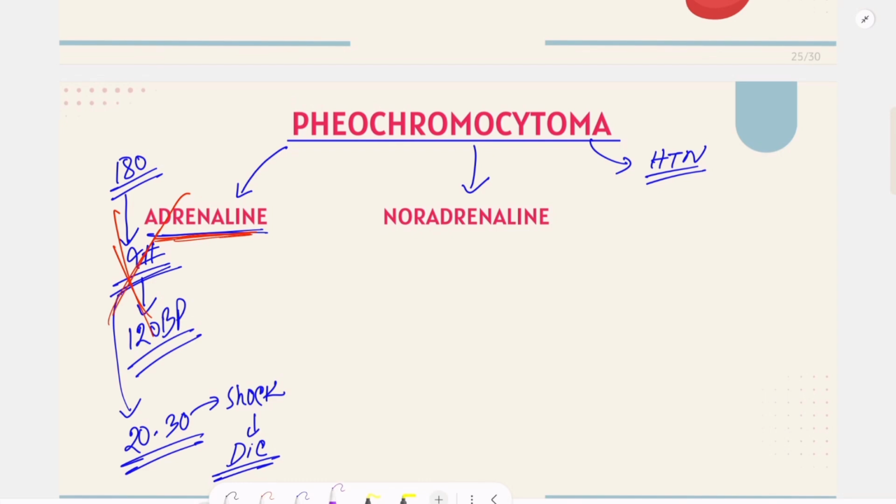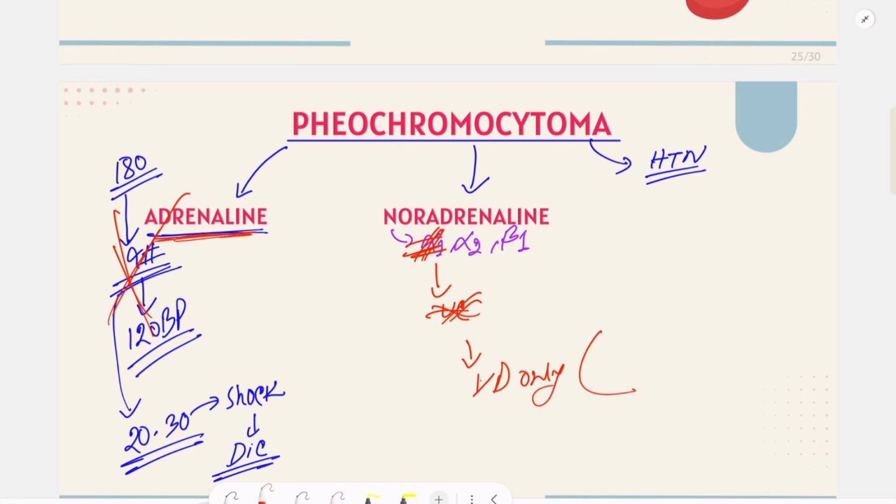Now we will move to the noradrenaline producing tumor. We know that noradrenaline stimulates alpha 1, alpha 2 and beta 1 receptors. And when we block the alpha 1 receptor with an alpha blocker, there will be no vasoconstriction. As a result, there is vasodilation only, and this vasodilation will convert 180 BP to 120 BP.